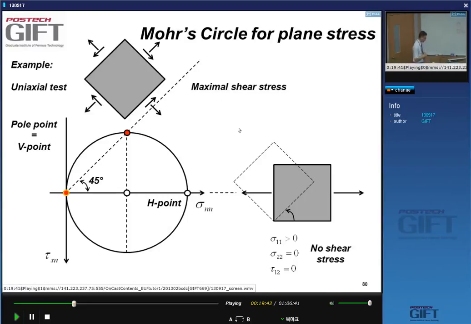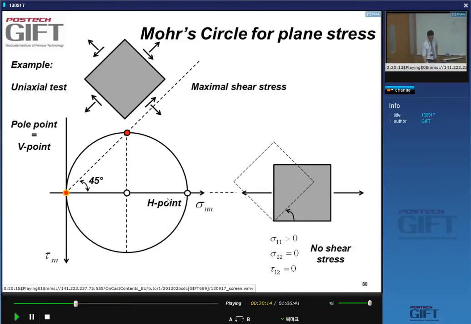So in this case, my little element is here, and I apply stress in these horizontal directions. It's positive stress, because it's not compression, it's tensile stress. And there is no stress in the y direction. And because my stresses are oriented parallel to the principal directions, I have no shear stresses. So sigma xy, sigma 1, 2 is 0.